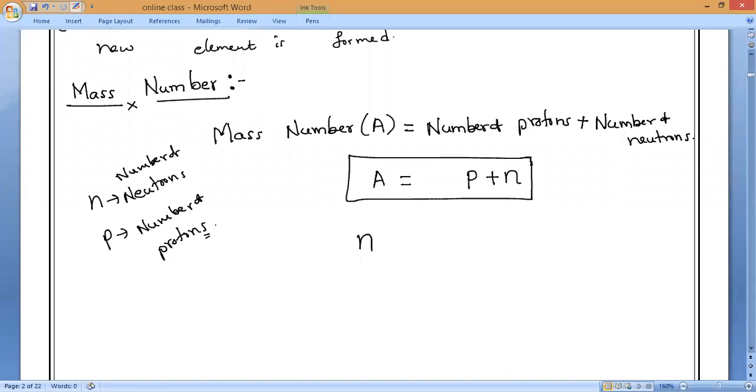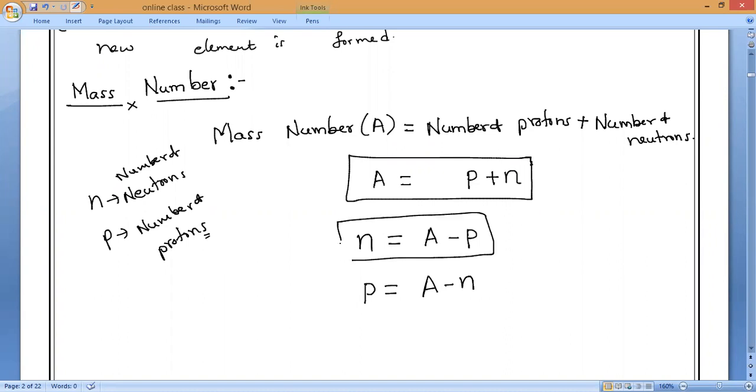Can you tell me the formula? Number of neutrons is equal to mass number minus number of protons, or number of protons is equal to mass number minus number of neutrons. Please remember these two formulas also, because in the future you will get them in so many places.